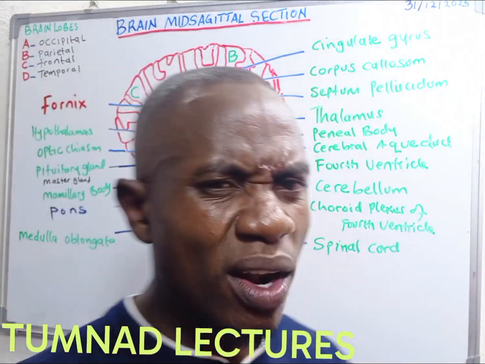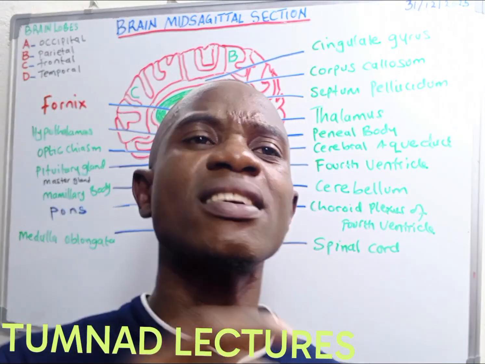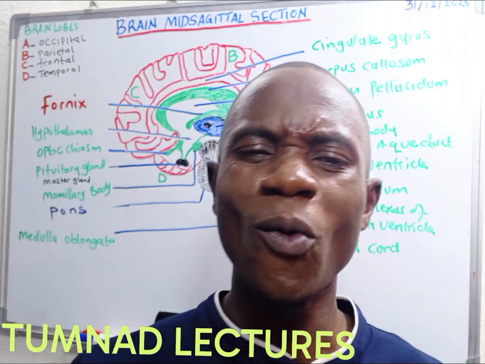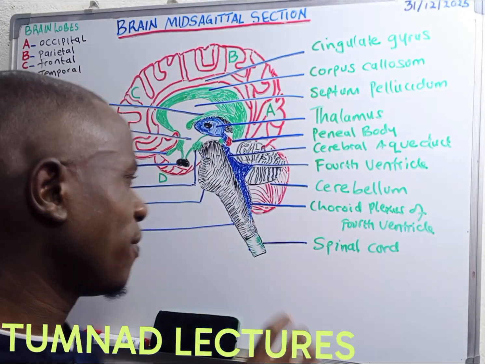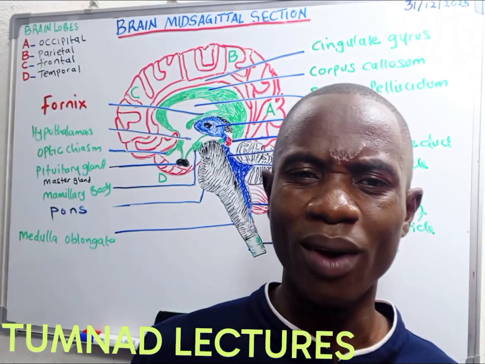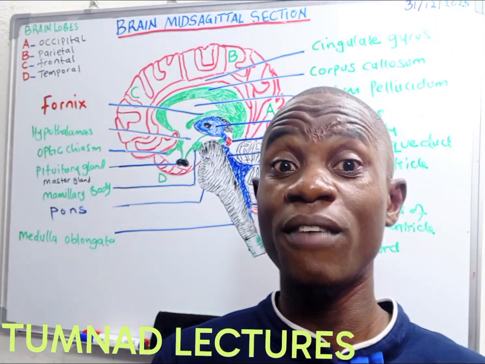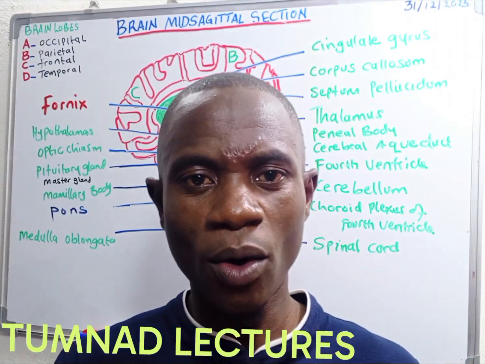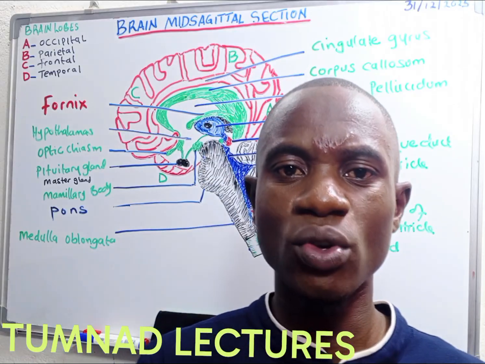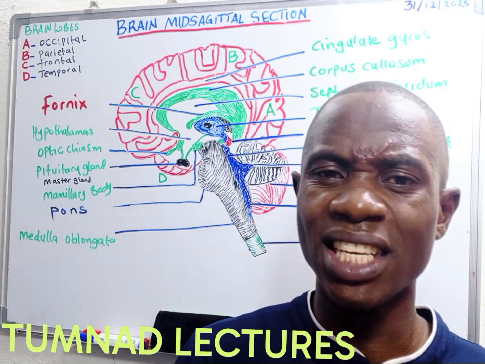The medulla oblongata is also an exit point of different cranial nerves. What are some of those cranial nerves that exit from the medulla oblongata? We have cranial nerve number 9, which is glossopharyngeal, and cranial nerve number 10, the big man, the vagus nerve, and also cranial nerve number 11, the accessory nerve.